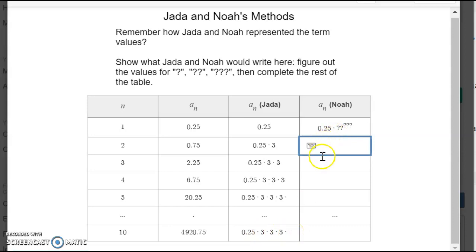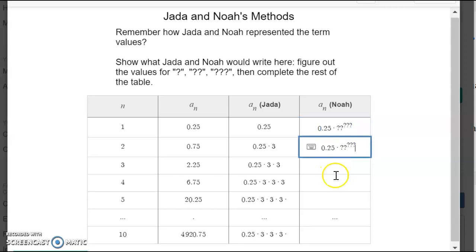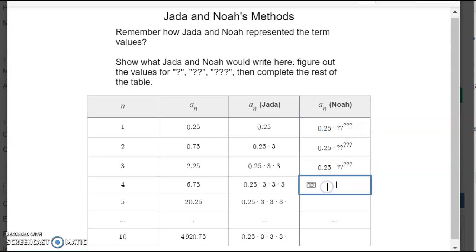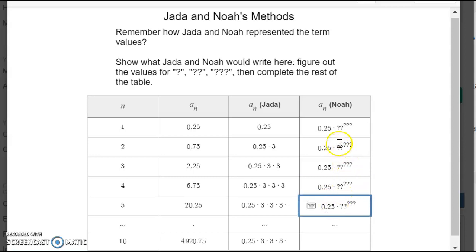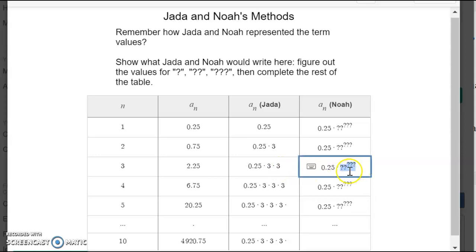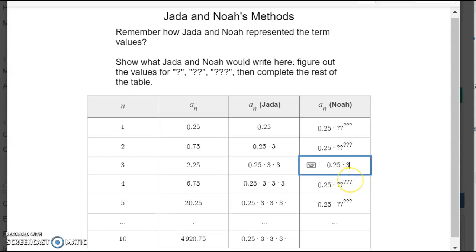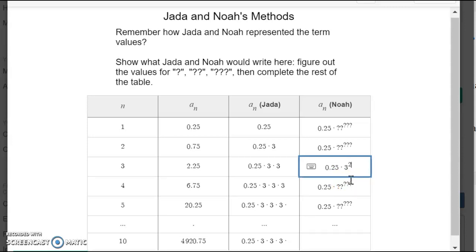Okay, now let's see if we can generalize this in a more exponent form. Okay, so let's just copy the form here and let's start with the easy one that we can figure out. Well, we know that for the third term, it's 0.25 times 3 times 3. That's the same as saying 3 to the power of 2, right?